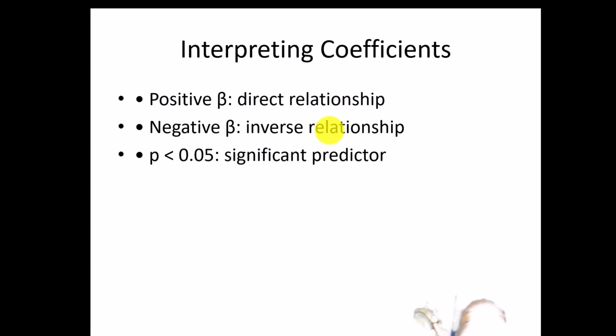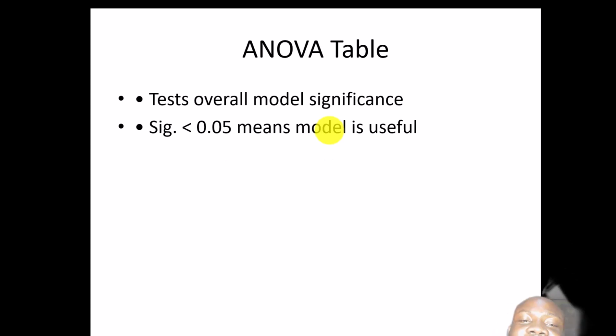The positive beta weight is talking about a direct relationship, and the negative beta weight is talking about an inverse relationship. But when we are talking about beta weight, it is important to note that the magnitude comes before the direction. I will explain that in the video where we are doing the analysis precisely. And it is good that they are significant.